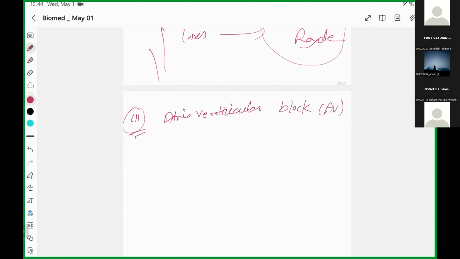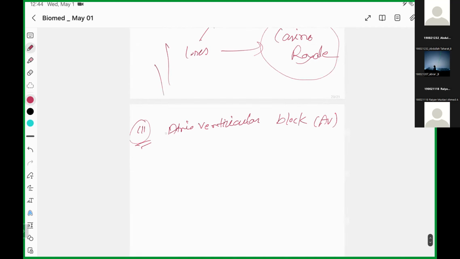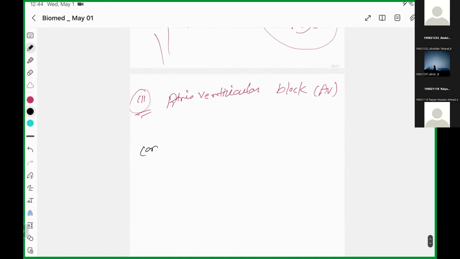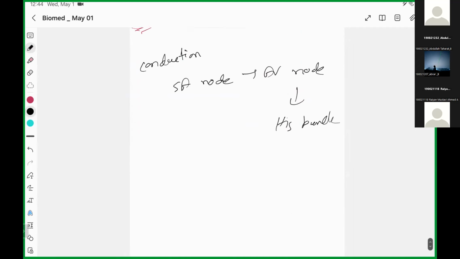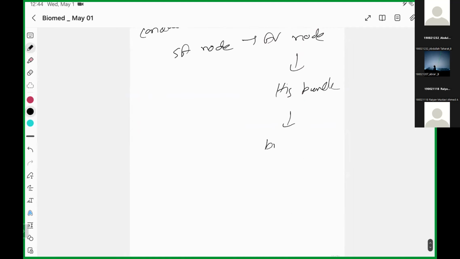Another type of problem is some blockage in the system. You see the conduction happens like this: from the SA node to the AV node, from the AV node to the His bundle, and from the His bundle it goes to the bundle branches.